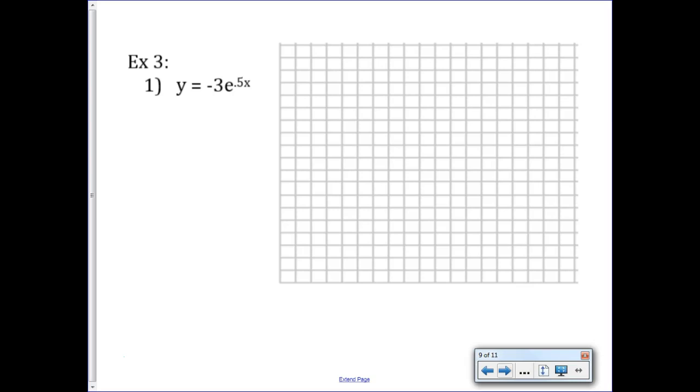So I'm going to be able to plot 0, negative 3. And then I'm going to plot 1. So I have negative 3 times e to the 0.5 times 1, or e to the 1/2. And I get negative 4.95 approximately, so almost negative 5.